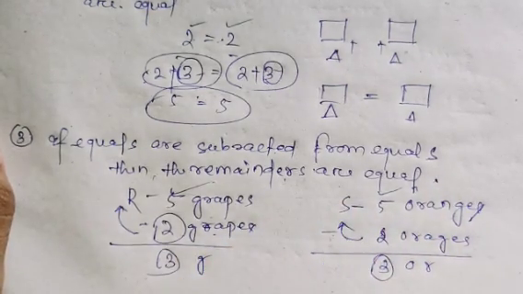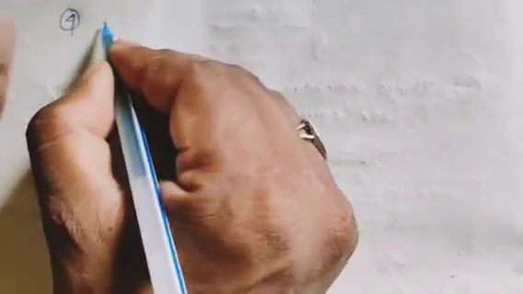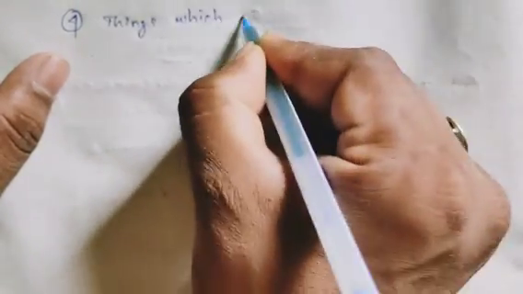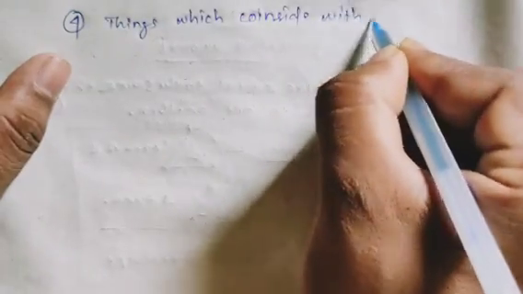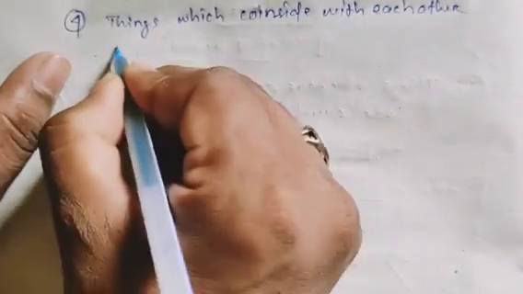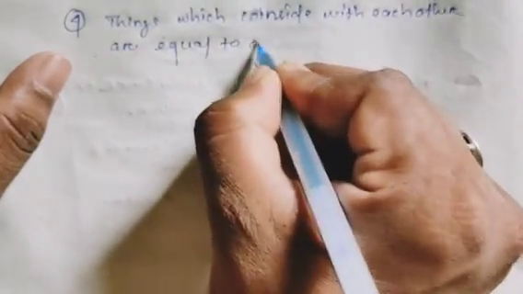Let's go to the next axiom. The statement is given that things which coincide with each other are equal to one another.